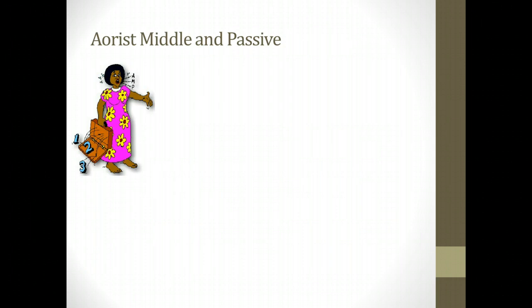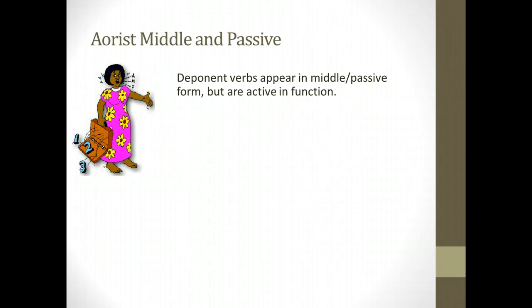One oddity about the aorist middle and passive endings that you are just learning comes up in the realm of deponent verbs. In the aorist tense, deponent verbs, as you know, already take the middle ending, but they're always, of course, translated active in function.